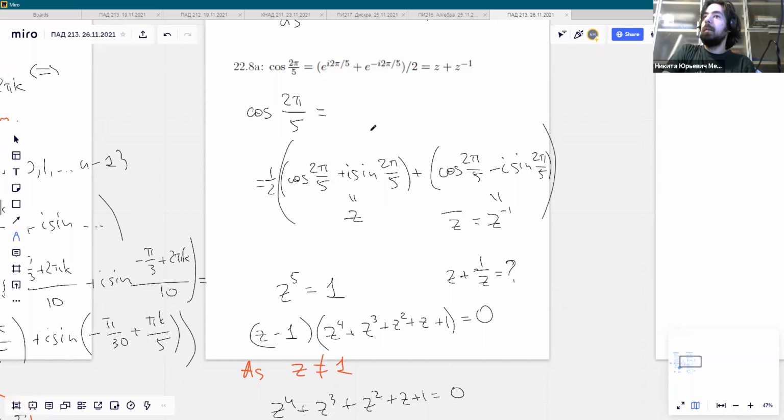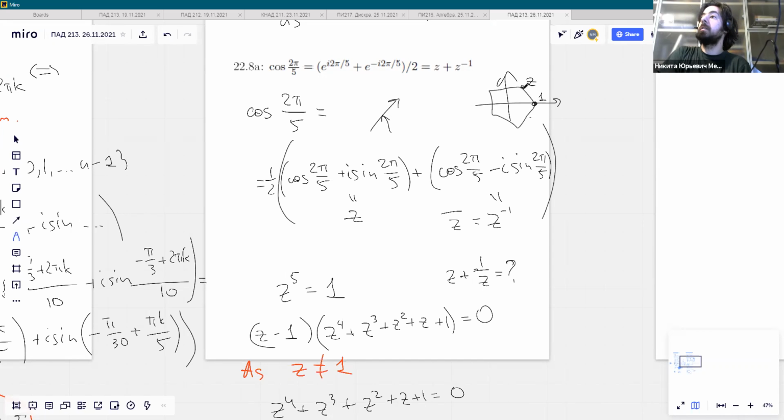And this angle is not 0. This kind of 1 has 5 roots of 5th power. They form the regular pentagon like this. So this one is 1 and this one is Z.